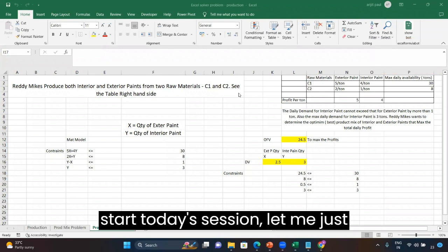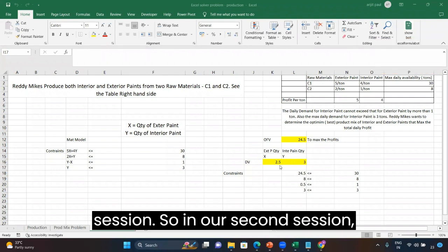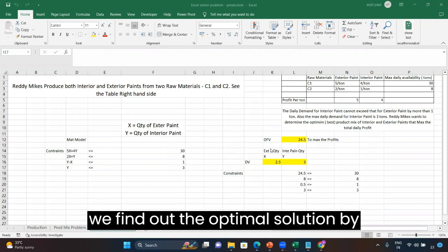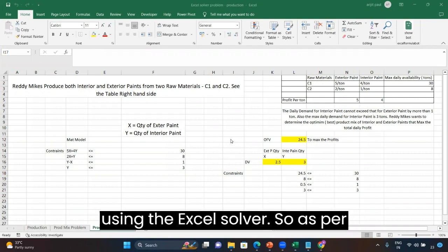Okay, so before we start today's session, let me just recall what we did in our second session. In our second session, basically we solved a problem related to production mix and we found the optimal solution by using the Excel solver.